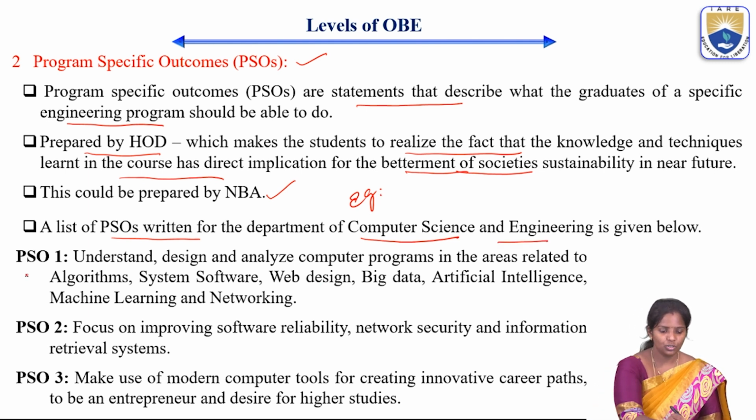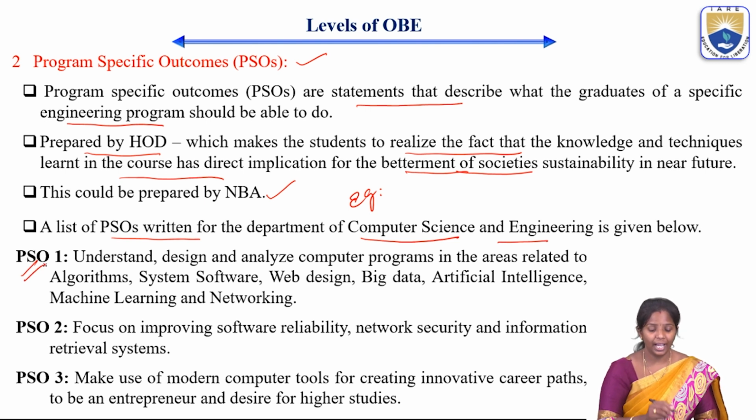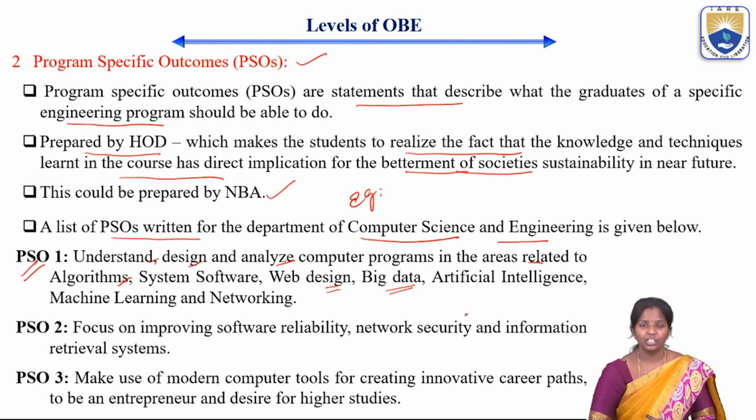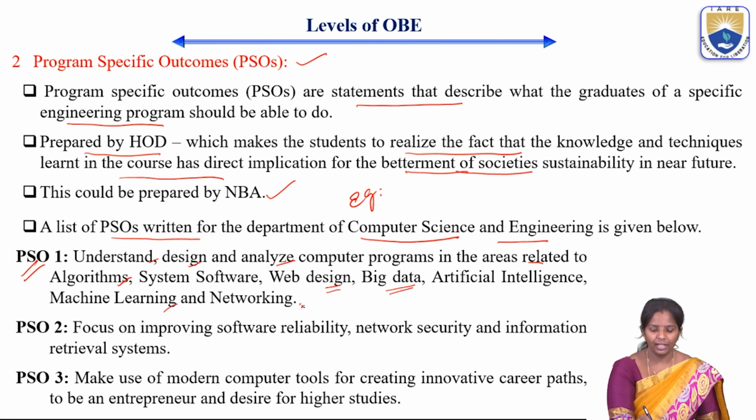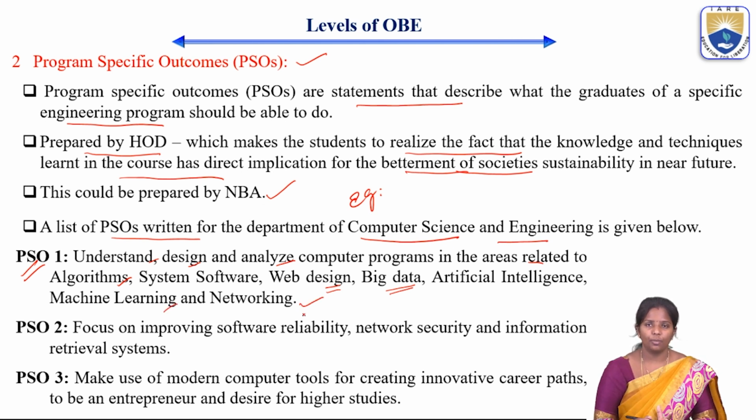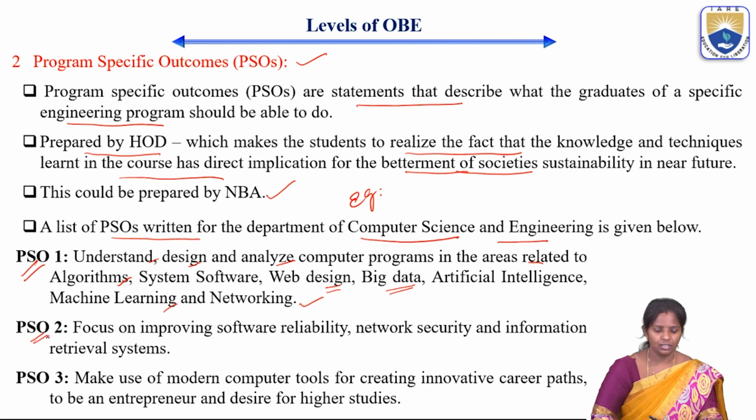So what is that? PSO 1. That will give an understanding, design, and analysis of computer programs in the areas related to algorithms, system software, web design, big data, artificial intelligence, machine learning and networking. So all these topics belong to PSO 1 or the program specific outcome 1. The second one focuses on improving software reliability, network security and information retrieval systems.